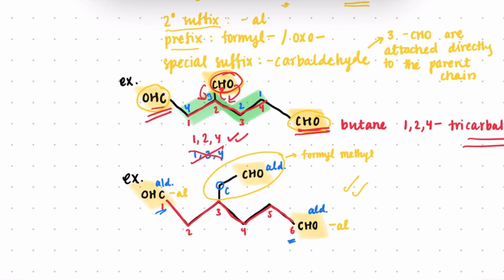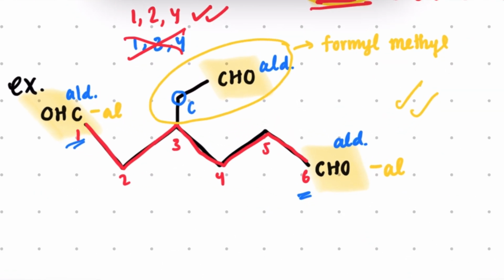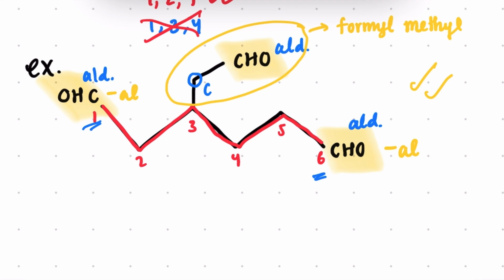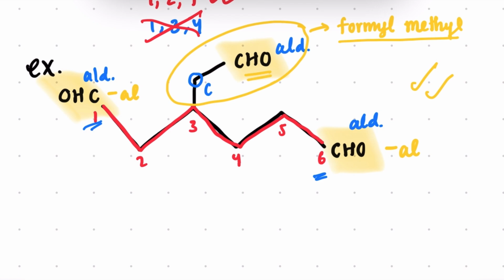And we use the prefix oxo when it is directly attached to the parent chain. Now, if we take a look at this right here, formyl methyl is used because this aldehyde group is not directly attached to the parent chain. In fact, it is attached with the usage of a single carbon. And since the root word for a single carbon is meth, we use methyl. So this entire group combined would be named as formyl methyl.